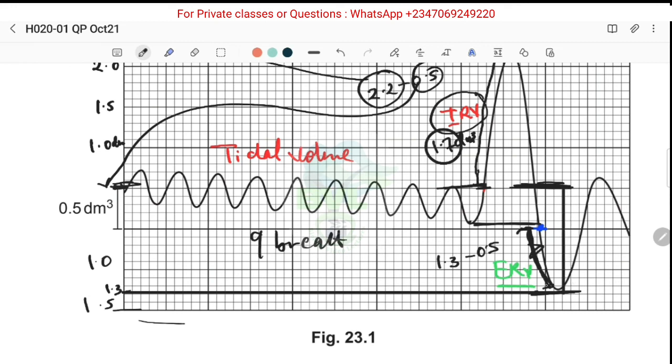I hope you get the point. So 1.3 minus 0.5 is 0.8. So our expiratory reserve volume is 0.8.